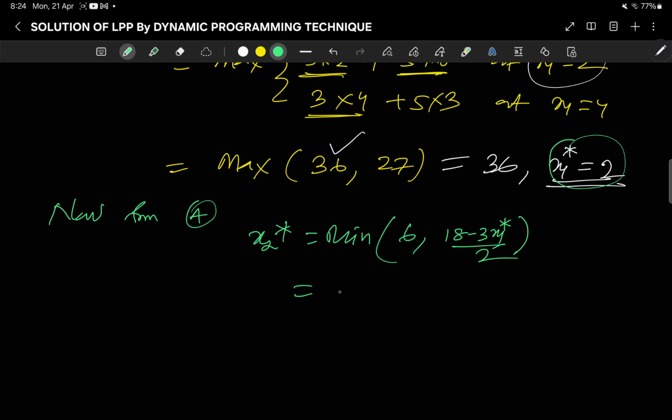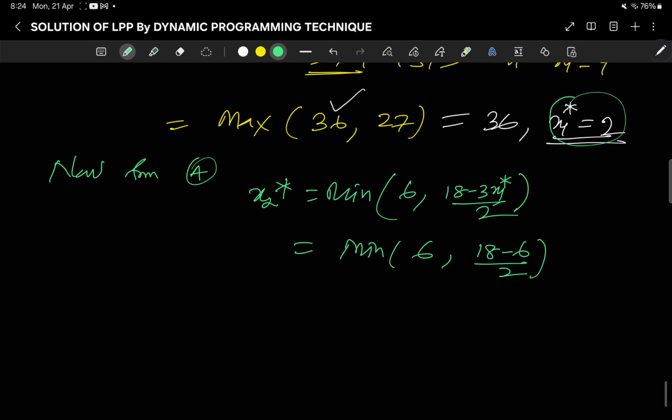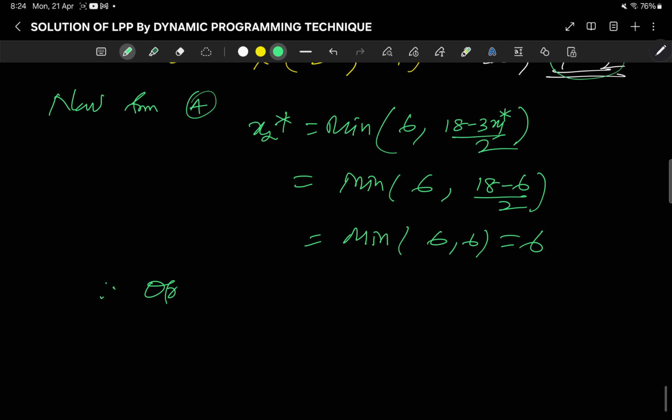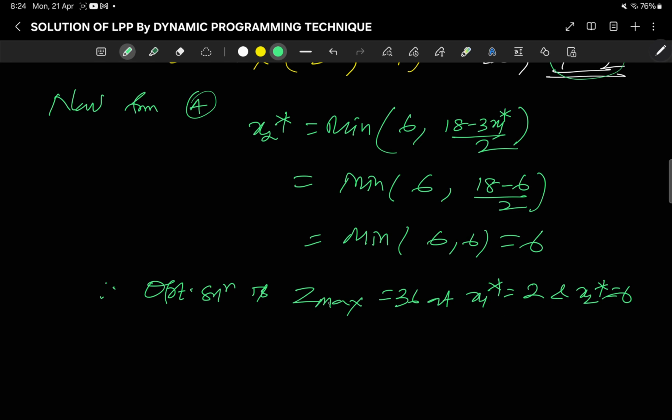So this is equal to the minimization of 6 and 18 minus 3 times 2, divided by 2, which is the minimization of 6 and 6, equal to 6. Therefore the optimal solution is Z max equal to 36 at x1 star equal to 2 and x2 star equal to 6. So this is the answer.